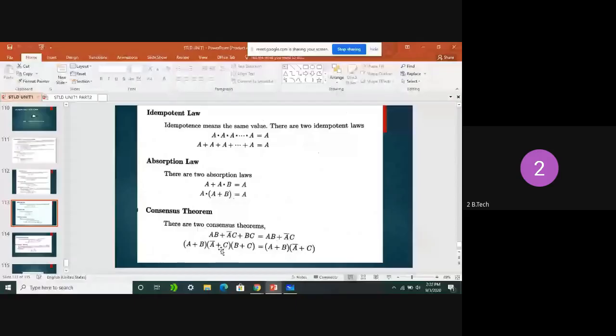In the next line, A plus B into A bar plus C into B plus C, here a product happens on the sum terms. A plus B is nothing but a sum term. So the second line is a product of sum terms. Both are opposite words. First one is sum of product terms, second line is product of sum terms.